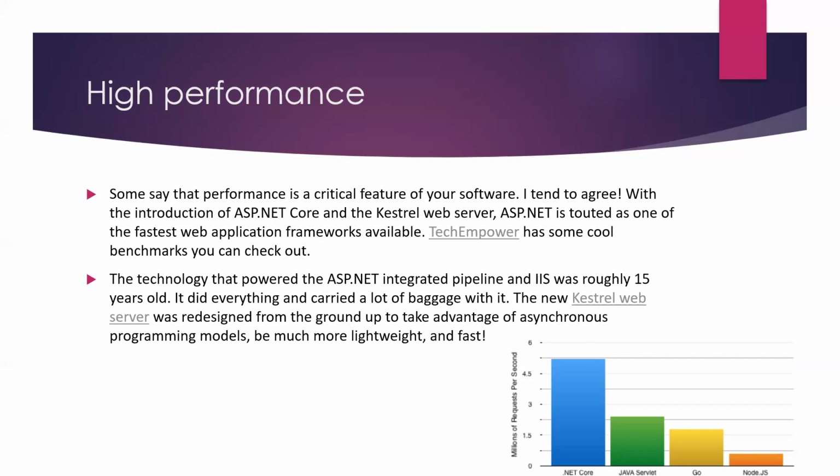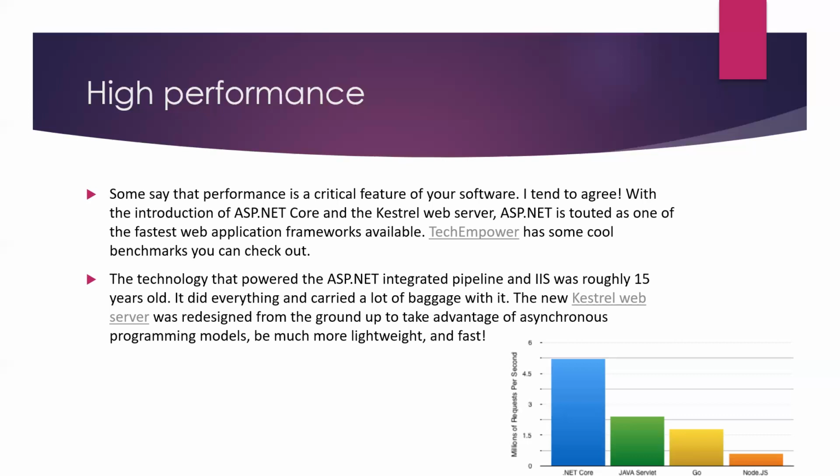The technology that powered the ASP.NET integrated pipeline and IIS was roughly 15 years old. It did everything and carried a lot of baggage with it. The new Kestrel web server was redesigned from the ground up to take advantage of asynchronous programming models, and to be much more lightweight and fast.